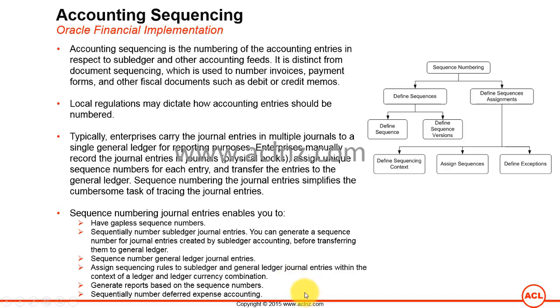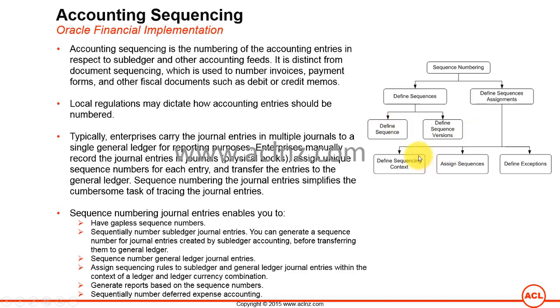On the right hand side, I've also given you a structured method in which the sequence numbering is defined. You first define your sequences, and then you can define their sequence versions. For example, you have defined version 1, and after some time you want to make an update to that, so you come back and use the same sequence and define a new version out of it.